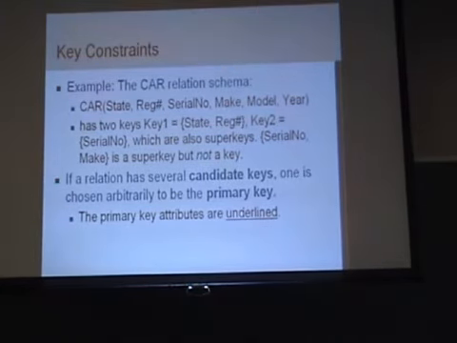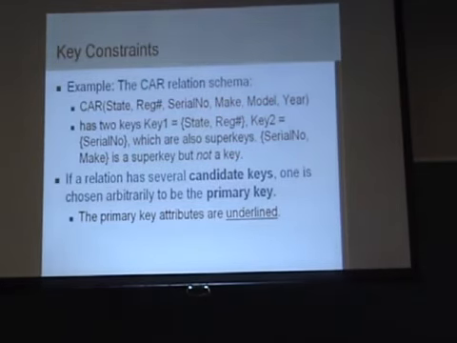One is state plus registration number. Sometimes we have the same plate number, like Michael Jackson in Korea and Michael Jackson in New York. So to identify, state name plus registration number. Another key might be serial number. Among them, we need to select one as the primary key.